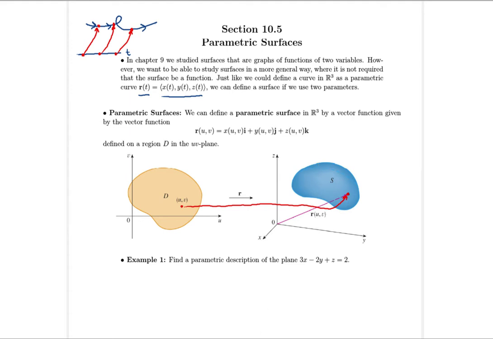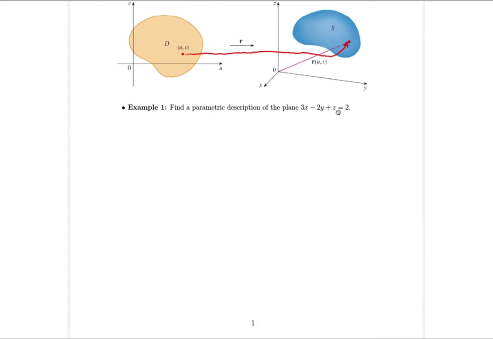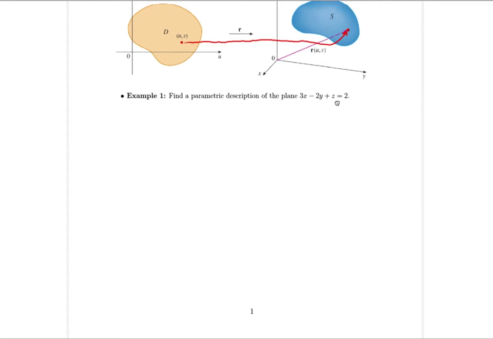All right, so let's start with a really simple object, a plane. And so we know that if I was to ask us to graph this just using technology, what we would do is we would get the z all by itself. So we have z is equal to 2 minus 3x plus 2y.